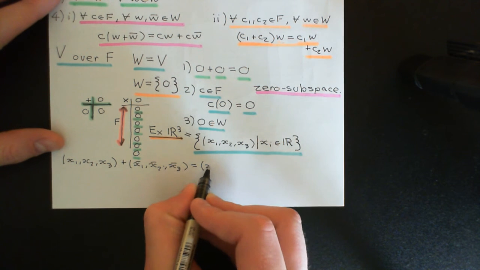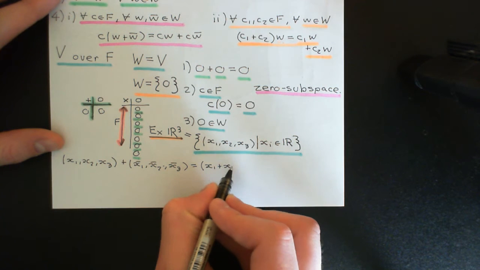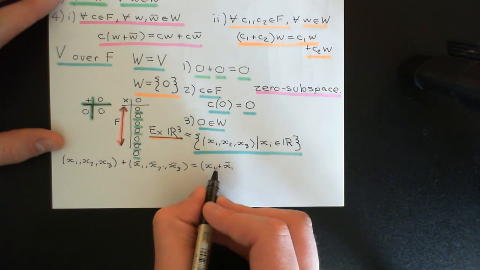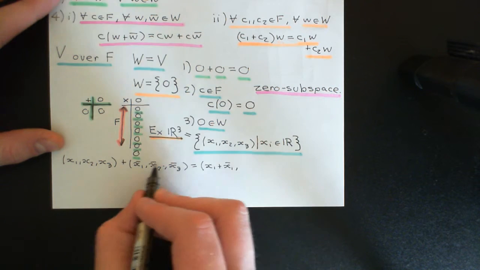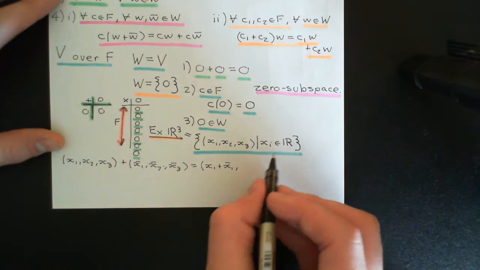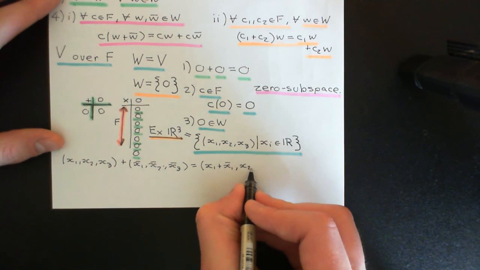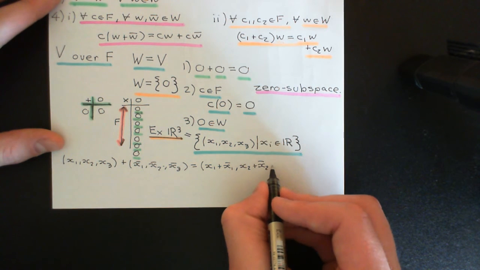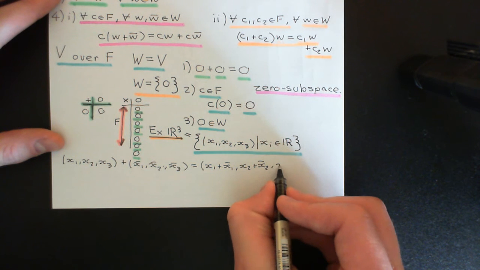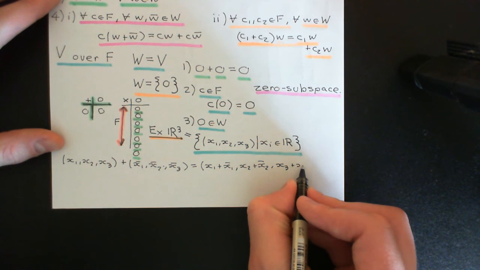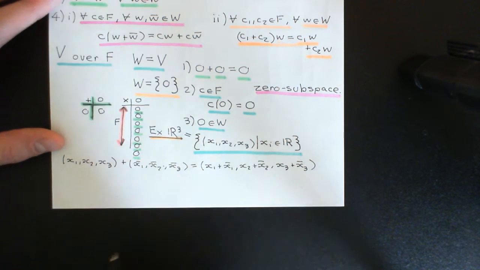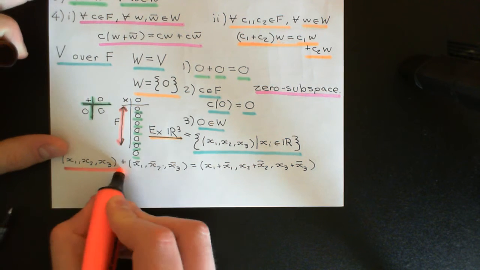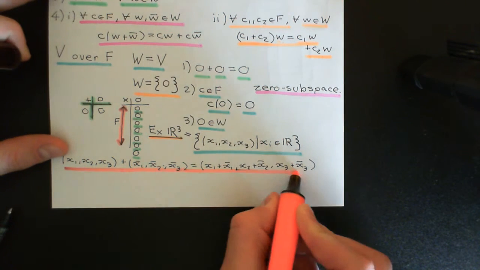So the answer will be x1 plus x1 bar, where x1 and x1 bar are both elements of the field, and we're adding them together in the field of real numbers. Component number 2 will be x2 plus x2 bar, and then x3 plus x3 bar, where again the addition is done in the field of real numbers. So that's how we define addition of two vectors in this set.